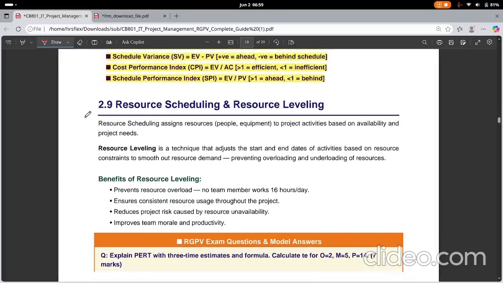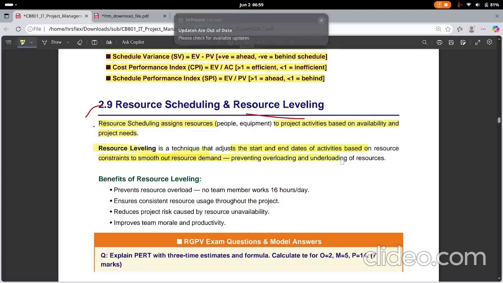Next is resource scheduling, or resource leveling. Resource scheduling means to assign resources to project activities based on availability and project needs. Resource leveling is a technique that adjusts the start and end dates of activities based on resource constraints to smooth resource demand and prevent overloading or underloading the resources.